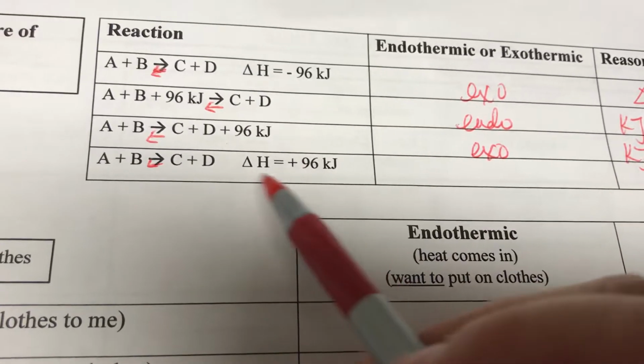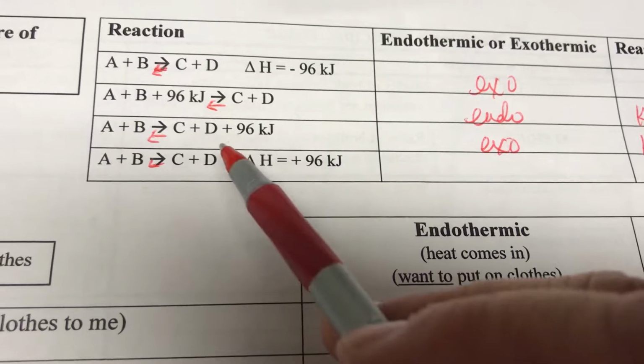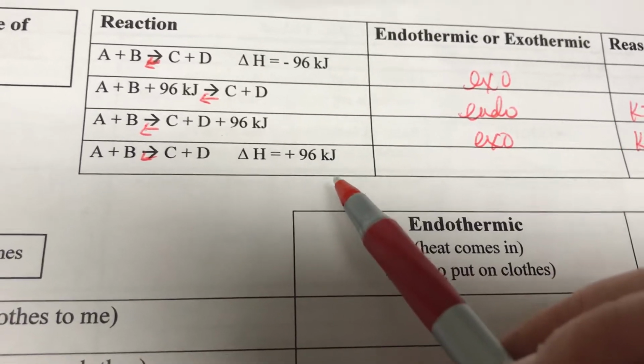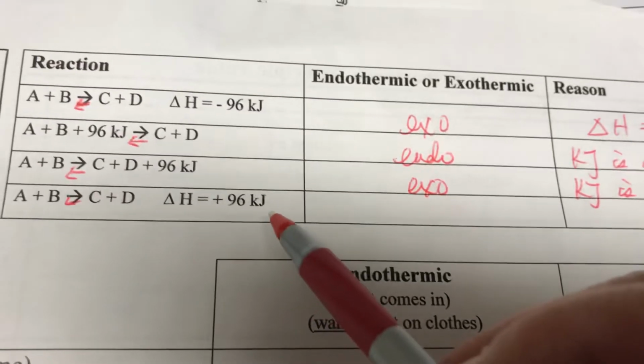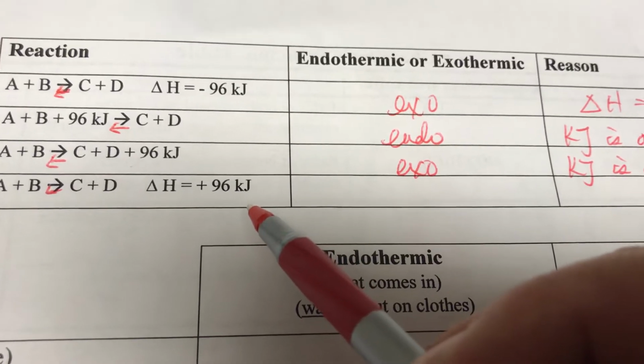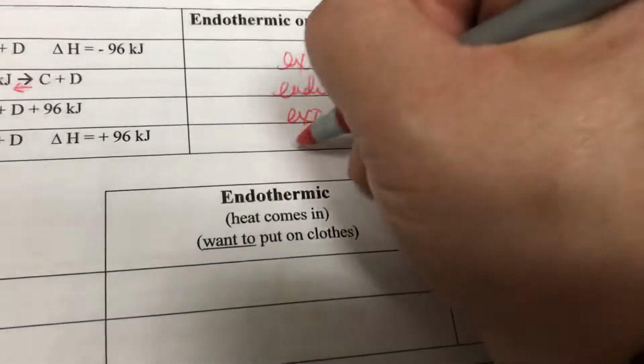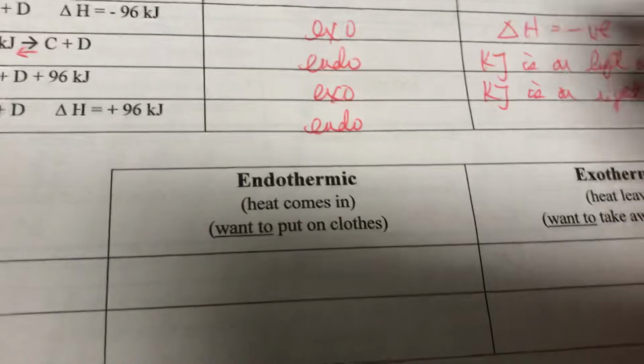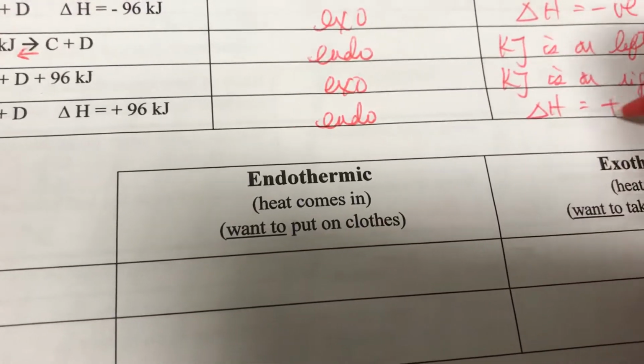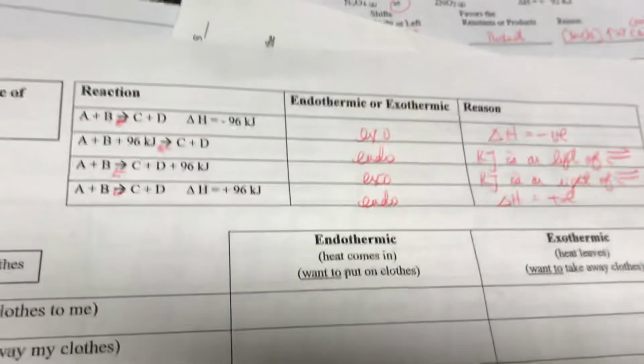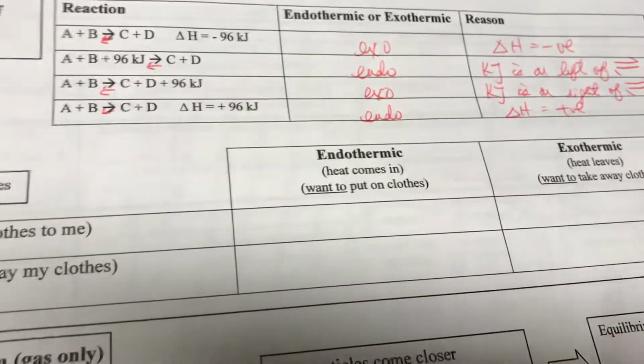And the last thing is, this delta H is not part of the energy. You see, there's no plus sign here. But this delta H is positive 96 kilojoules. So we're actually taking in energy. That's why your delta H becomes positive. So this is endothermic because your delta H is positive. So you have to recognize these four situations before you start.